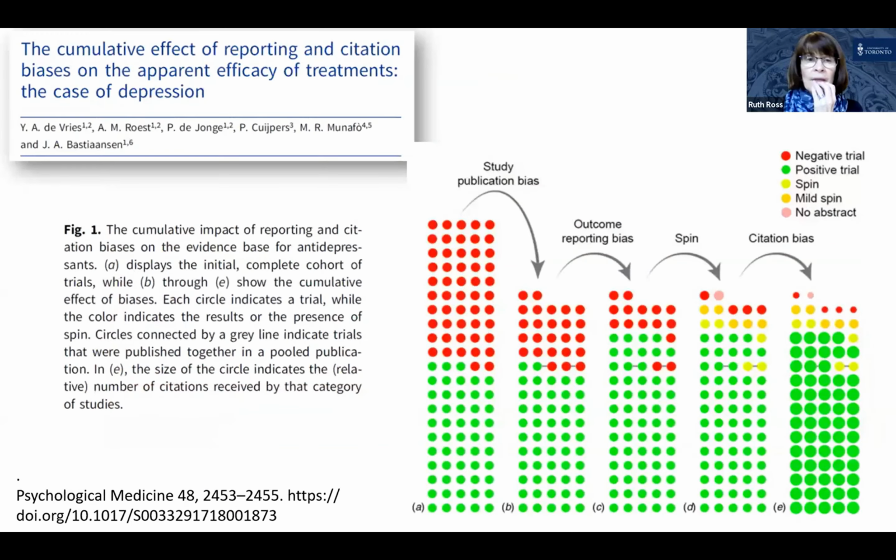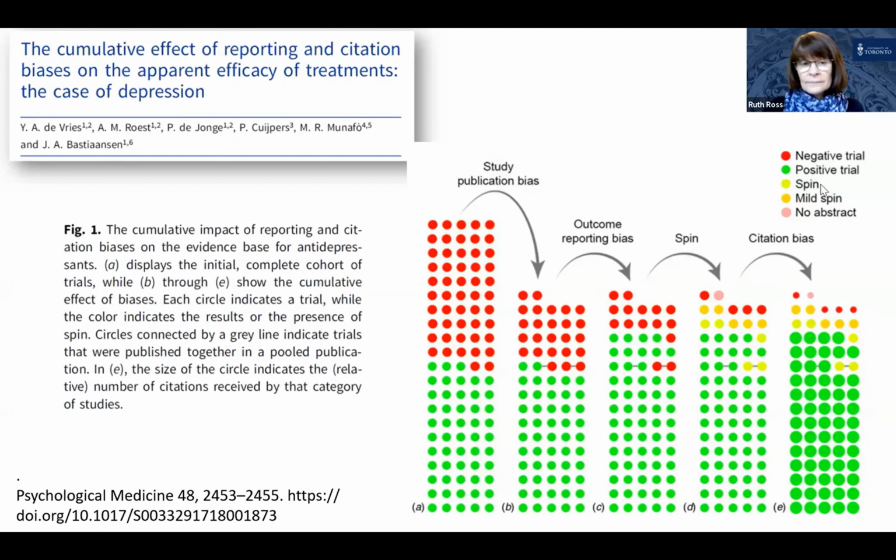And the other paper that's quite interesting on this is worth really pondering on: the cumulative effect of reporting and citation biases on the apparent efficacy of treatments. And this was in the case of depression. So you've got negative trials, this wee red dot here, and positive trials.